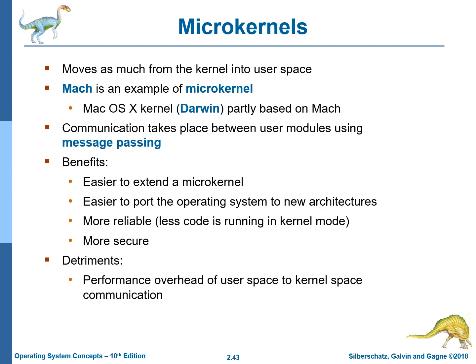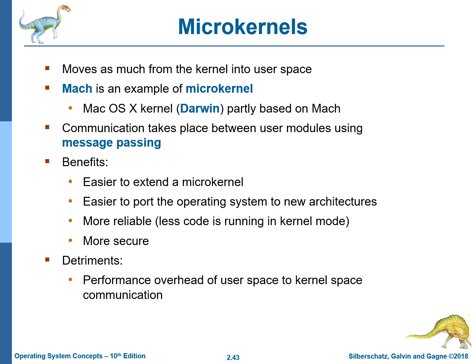Microkernels. It moves as much from the kernel into user space. Mach is an example of a microkernel, and the Mac OS X kernel, Darwin, is partly based on Mach. Communication takes place between user modules using message passing.